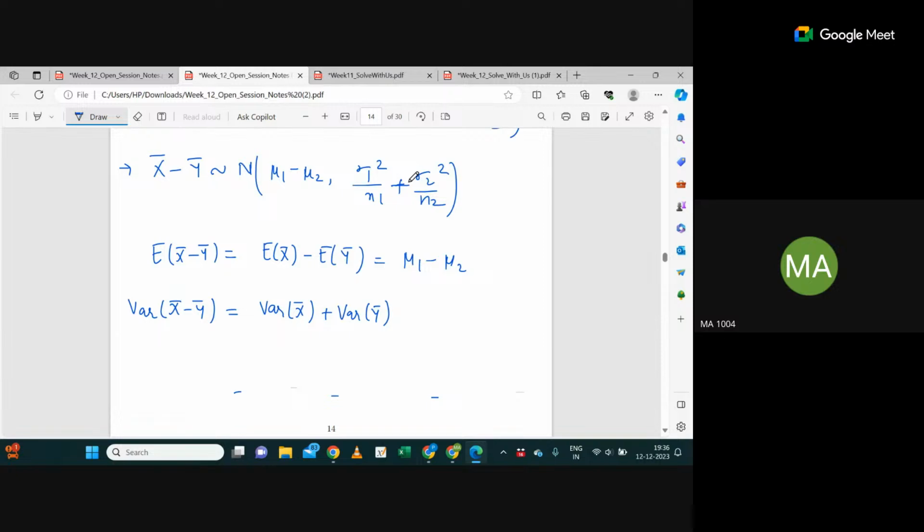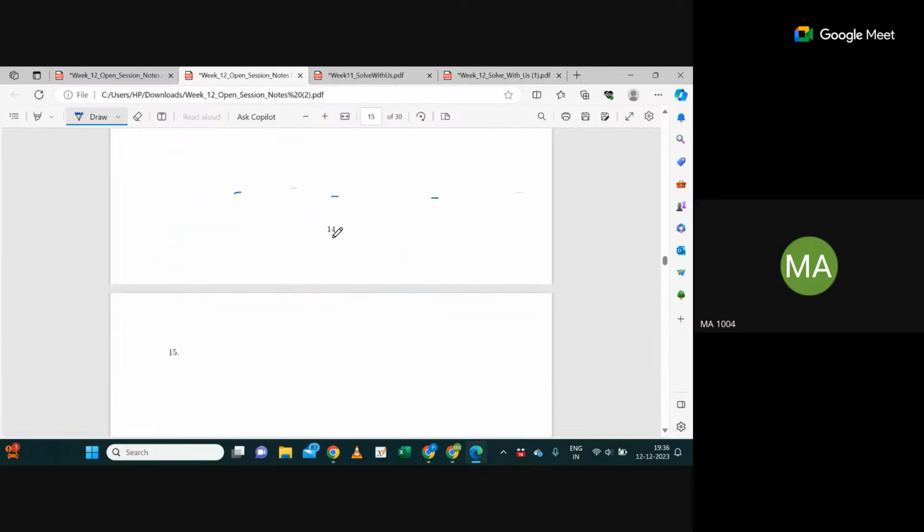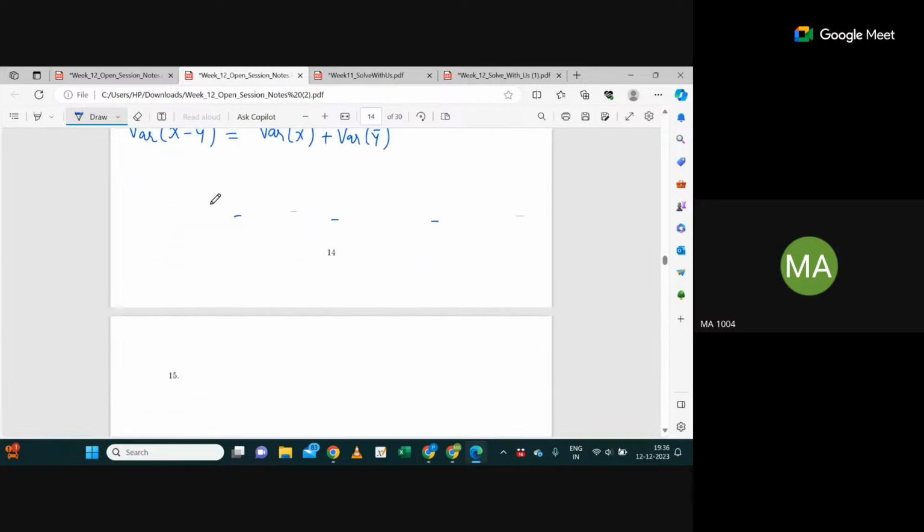Now, we have done this for a single sample, right? So what about n1 minus 1 times sx square divided by sigma 1 square? It will follow chi square with n1 minus 1. And n2 minus 1 times sy square divided by sigma 2 square will follow chi square with n2 minus 1.